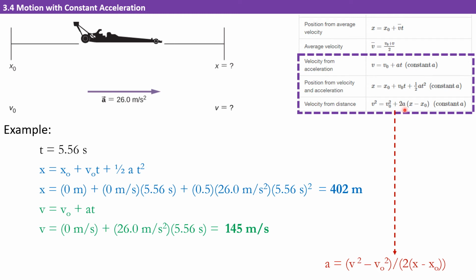Here I've simply solved for A, and so I get V squared minus V naught squared divided by 2 times X minus X naught. So if I plugged in 402 for here, put a 0 here, I put in 145 for this and 0 here, I'm going to find the acceleration, and it should be equal to 26 meters per second square.